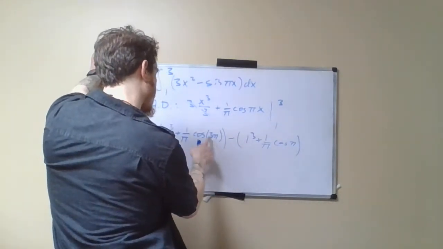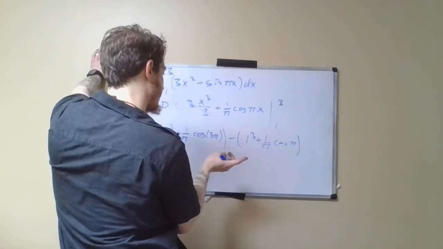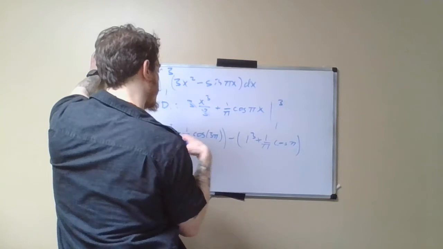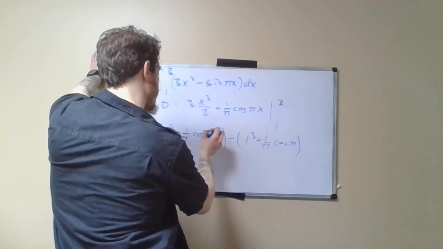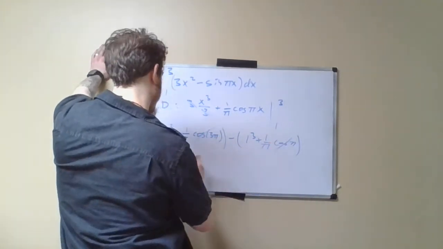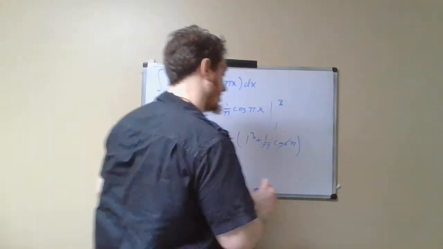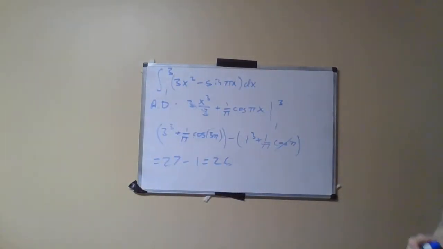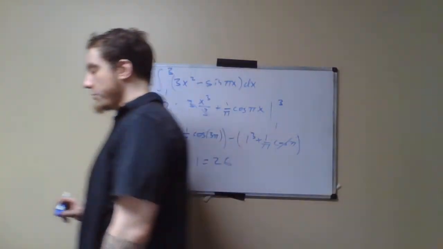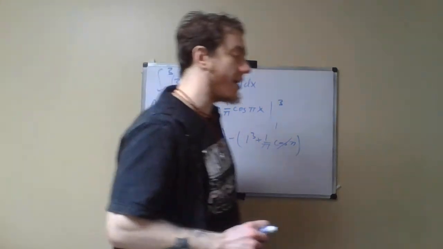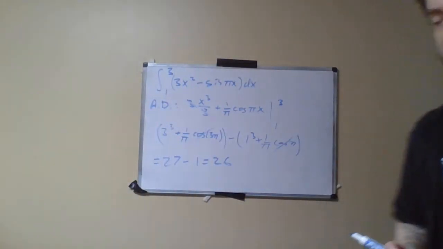And then the cosine of 3 pi is the same as the cosine of pi, so these are actually going to cancel with each other. 27 minus 1, which comes out to be 26. And so using this technique, using the fundamental theorem and the antiderivatives, I can figure this out without having to mess around with Riemann sums.